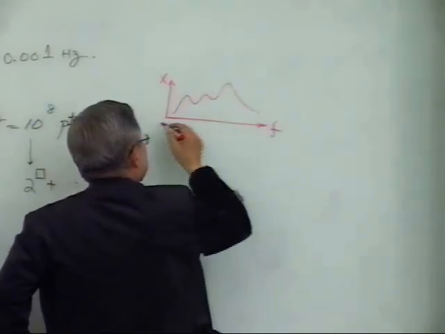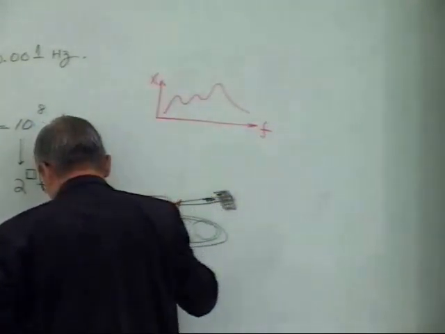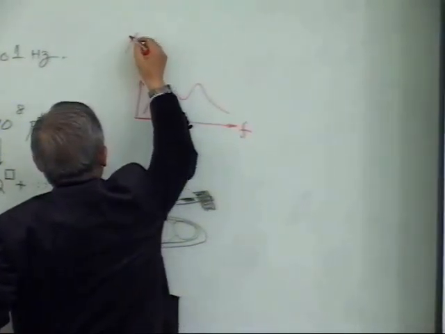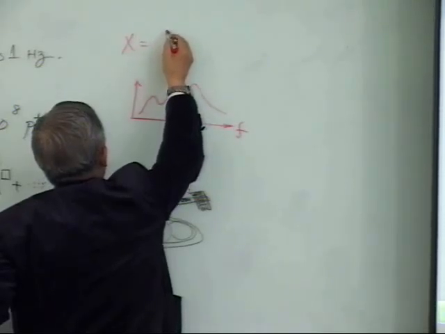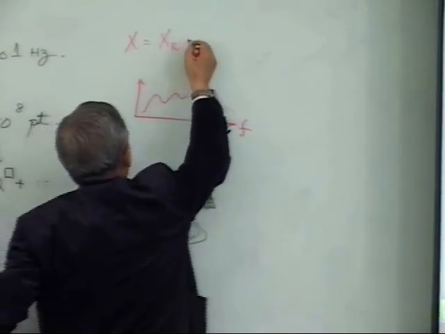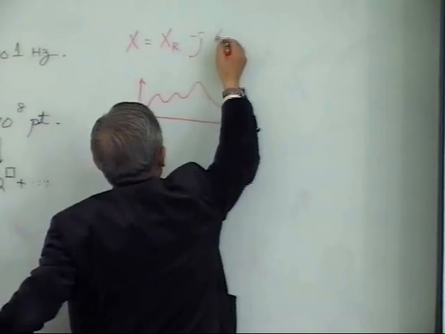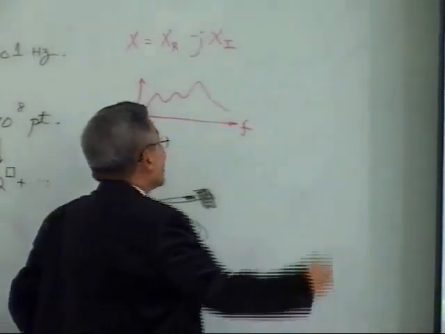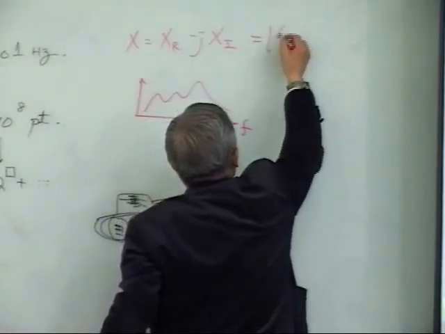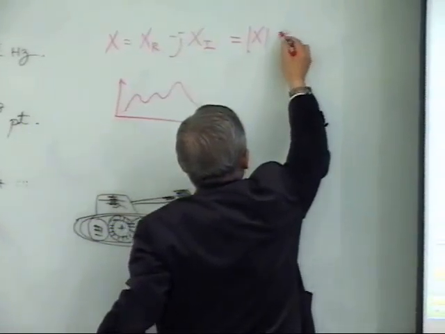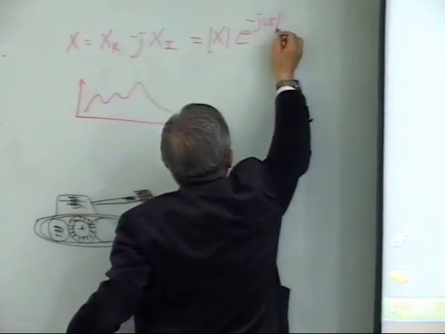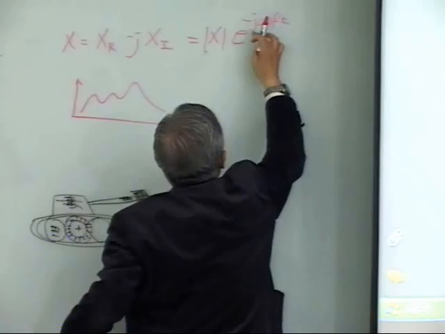So it has a real part, because X is X real part minus j X imaginary part, right? Or this is equal to X e to the minus j 2 pi f t, like this.